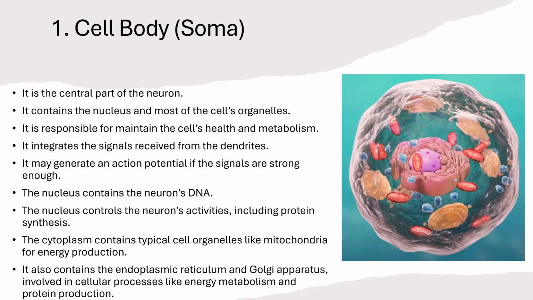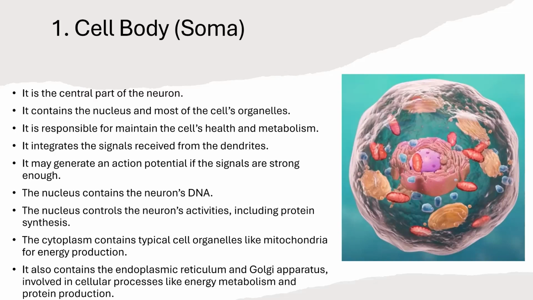It is like the brain of the neuron, since it integrates the signals received from the dendrites. Dendrites are the inputs to the neuron. The cell body may generate an action potential, an electrical signal, if the input signals are strong enough.